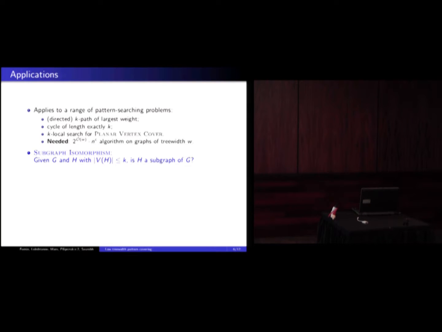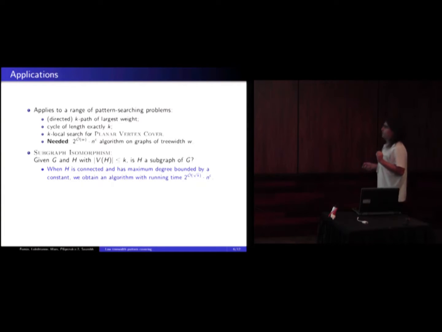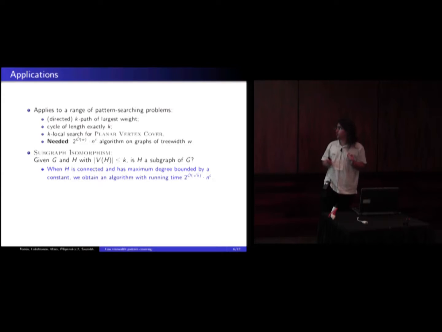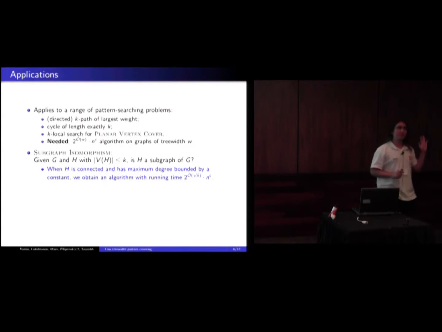And I ask simply whether H is a subgraph of G. Yes? So by applying our whole machinery, we can prove that this problem can be solved also in sub-exponential parameterized time whenever the pattern graph is connected, because we can look for connected k patterns. And moreover, we need to bound the maximum degree of the graph by a constant.